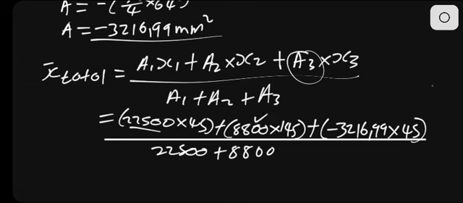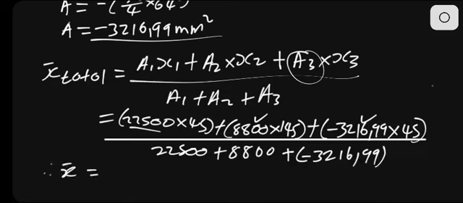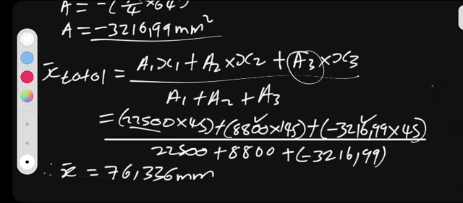Area 3, now we say must be plus, isn't it? But now we have a minus 3216.99. So therefore our x bar, punching that, including that negative, we should obtain 76.336 millimeter.